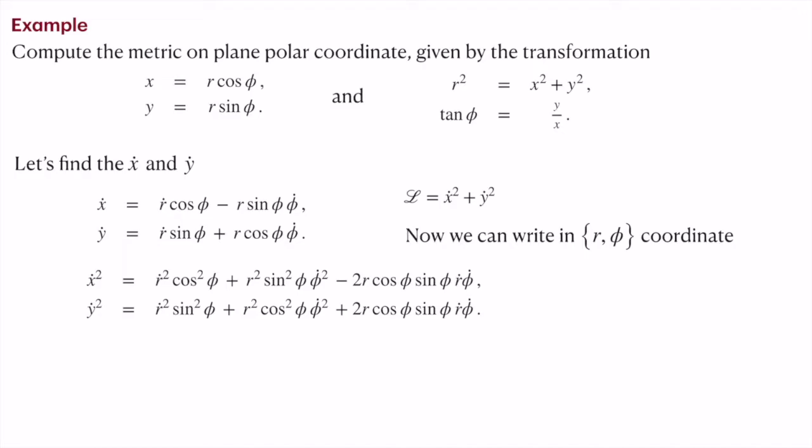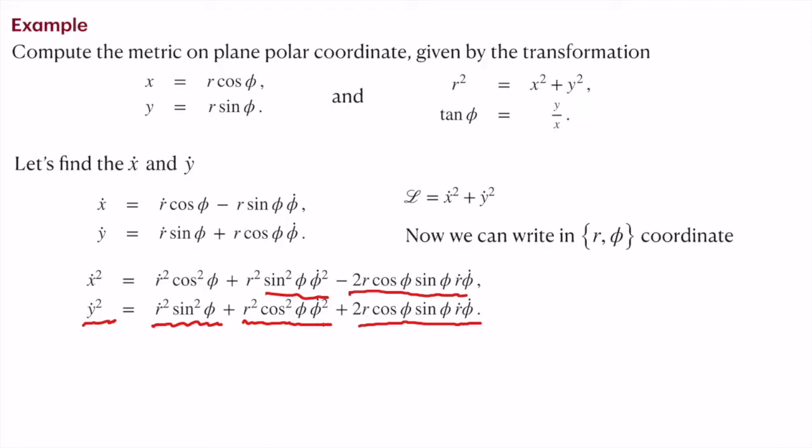We can square it, and we get three terms, that is x dot squared is r dot squared cos squared phi plus r squared sin squared phi phi dot squared, and then minus 2 r cos phi sin phi r dot phi dot. In the same way, y dot squared can be written as r dot squared sin squared phi plus r squared cos squared phi phi dot squared plus 2 r cos phi sin phi r dot phi dot.